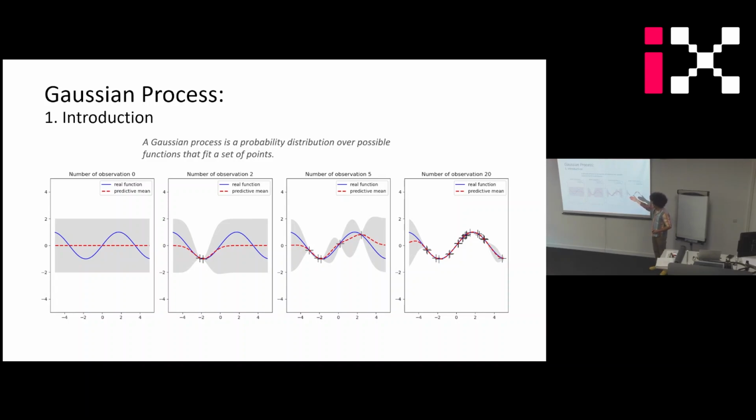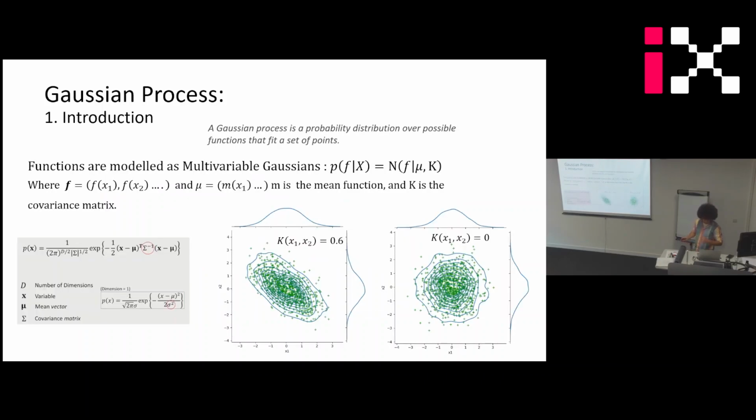Deriving the right way of defining your predicted mean and your variance at each point depends on the variance between your points, or the covariance between the different points. The way we define our Gaussian process uses multivariate Gaussians.